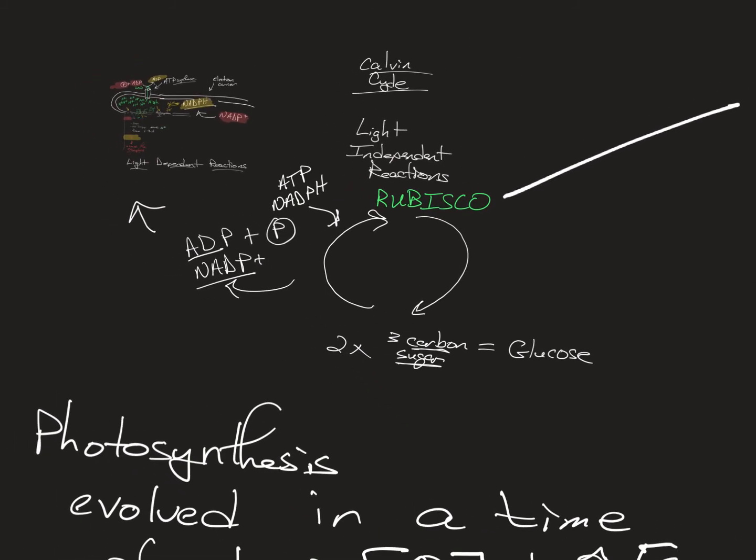If you're slowing this down by 50%, that means half the ATP is being used up, half the NADPH is being used up, which means you have half the ADP, half the phosphate, half the NADP plus, because there's a limited amount. Is that clear? There's only a limited amount of these molecules in this chloroplast. So if you have half this amount, what happens to the light reactions?